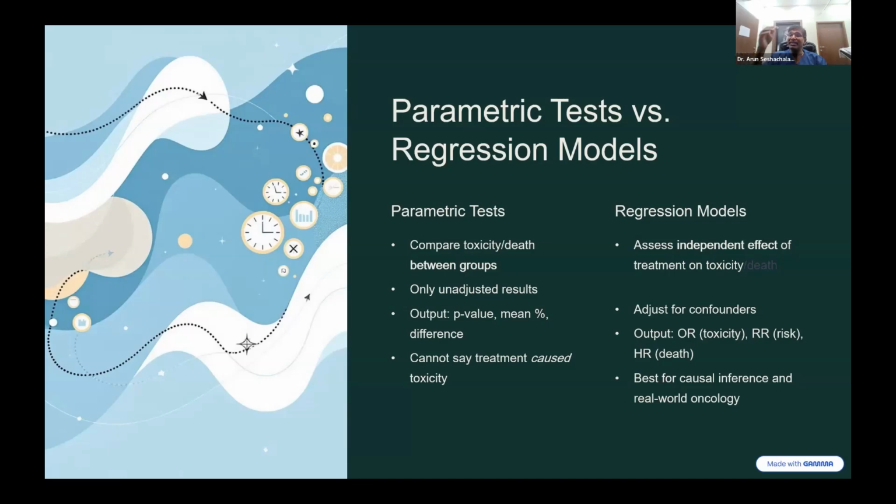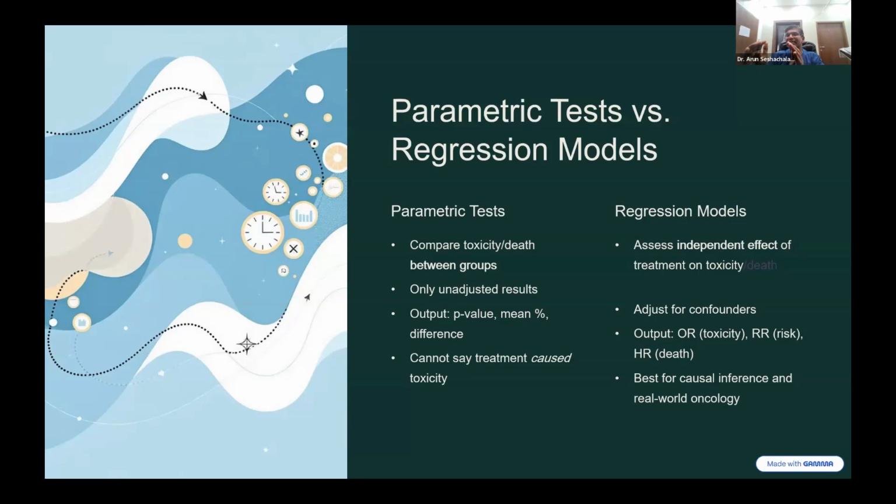When the outcome is continuous, like blood pressure or hemoglobin value, you use the linear regression model. So always remember, the regression model is used to eliminate the confounding variables and to see the effect size. That is called the adjusted hazard ratio.